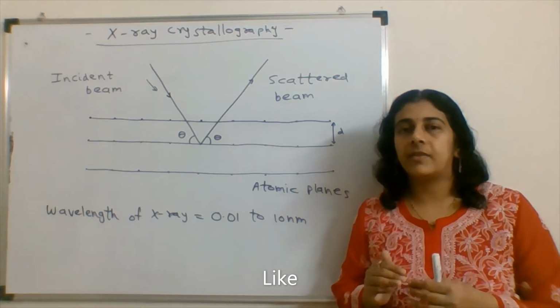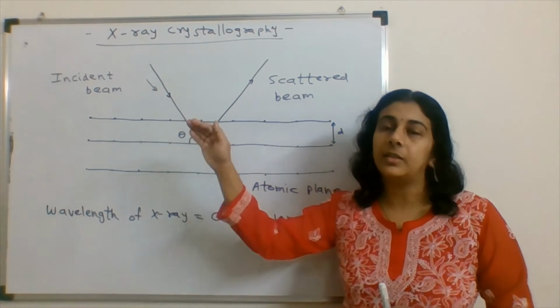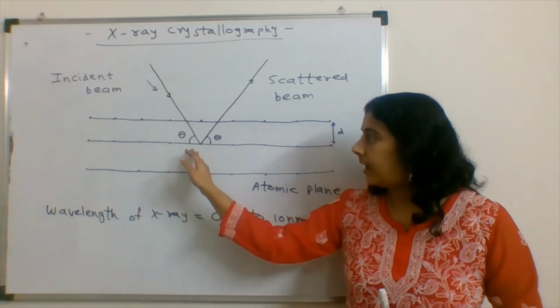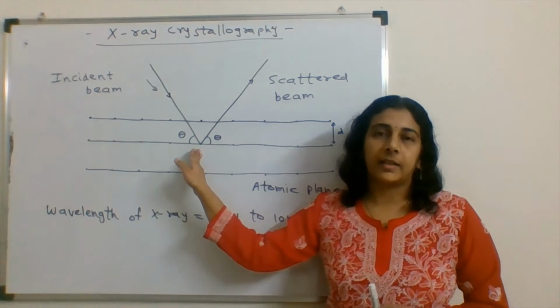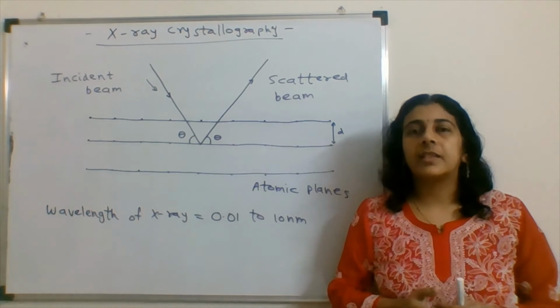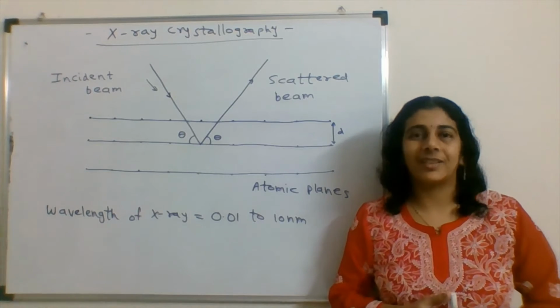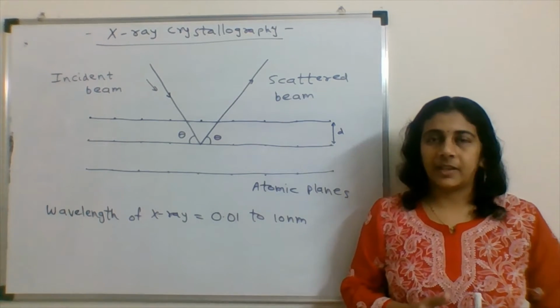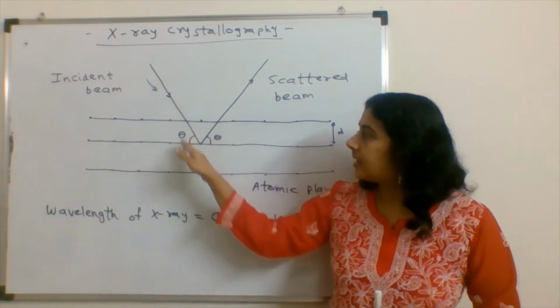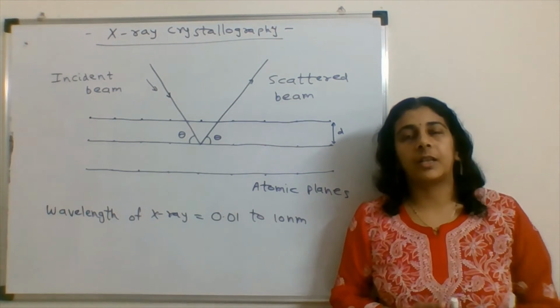So with this wavelength, X-ray can pass in between the two atoms, and once it hits the atom, it gets diffracted. So this diffraction takes place due to the electrons and not the nuclei. This diffracted ray scatters around it.